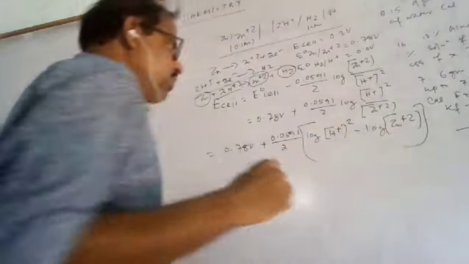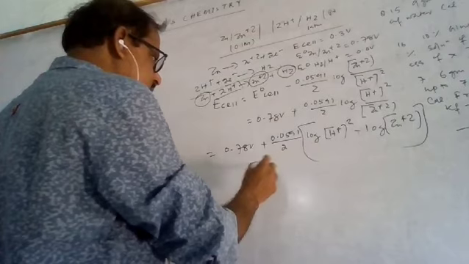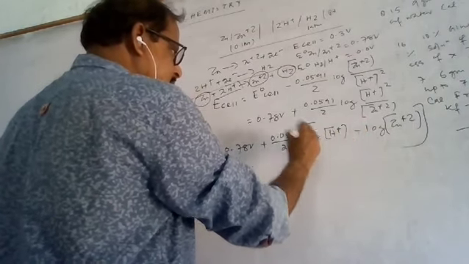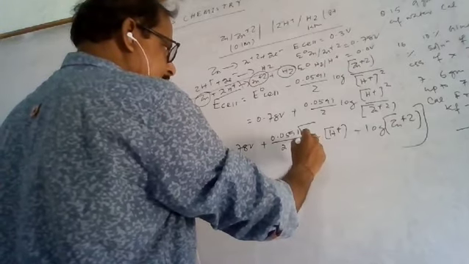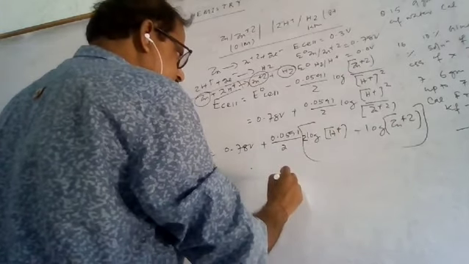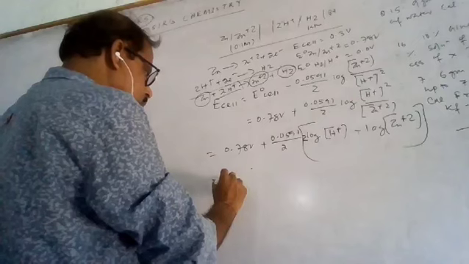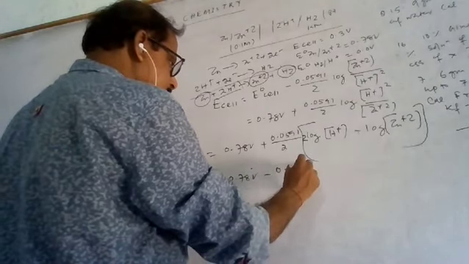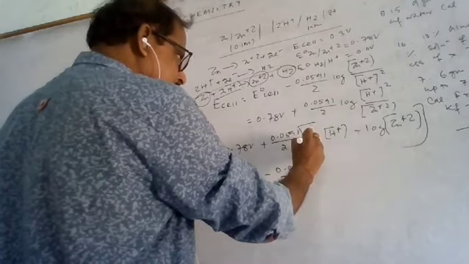That will be kept in the bracket here. So this 2 can be taken to this side, and I can put a negative sign here. So that will be equal to 0.78 volt minus 0.0591 by 2, and I made it minus.